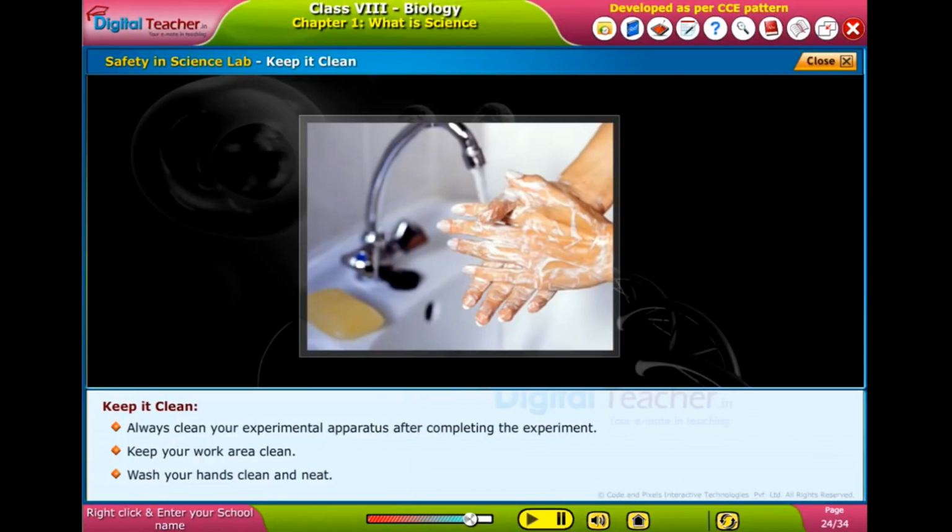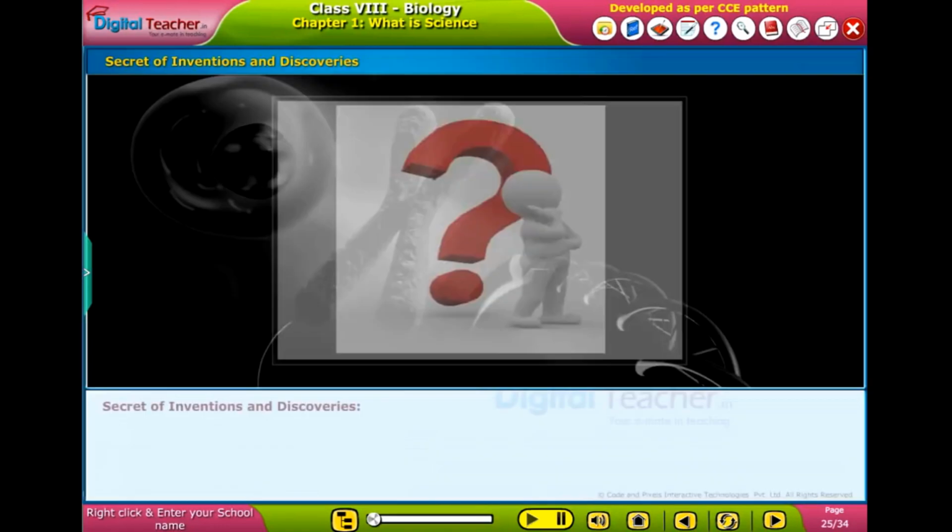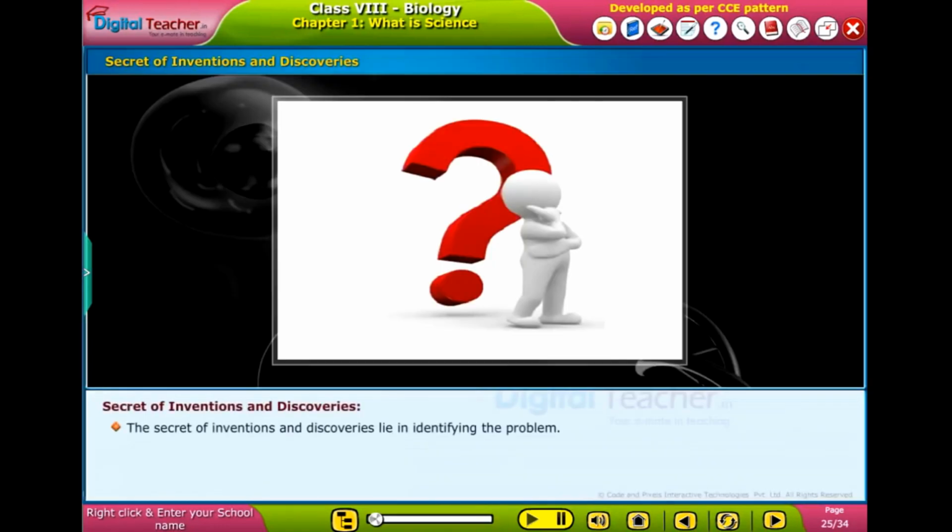Now, let us learn about the secret of inventions and discoveries. The secret of inventions and discoveries lies in identifying the problem.